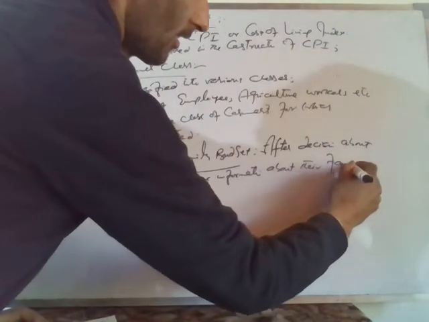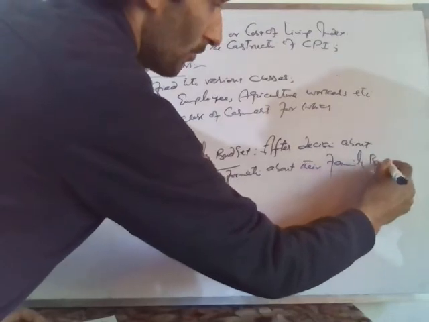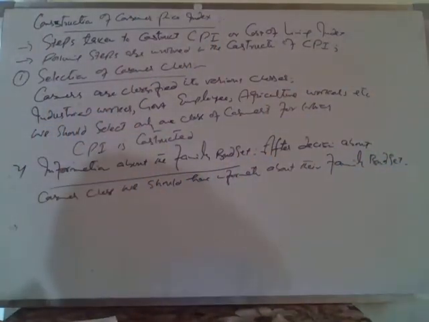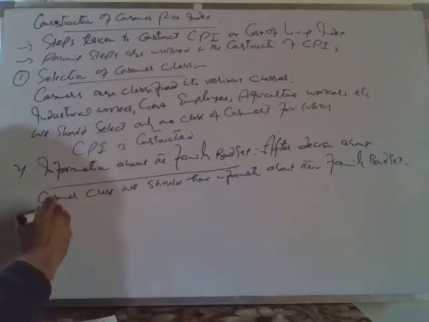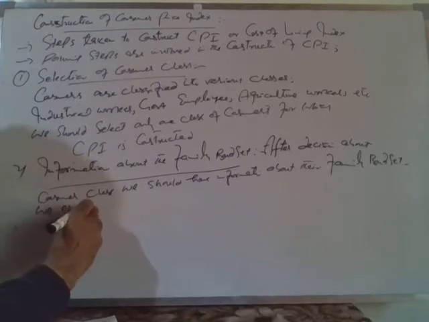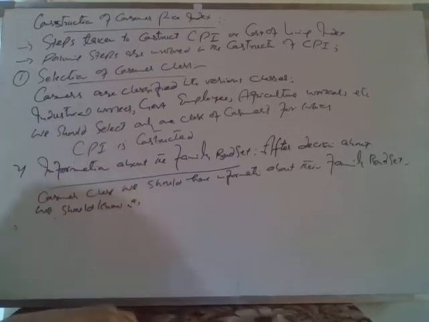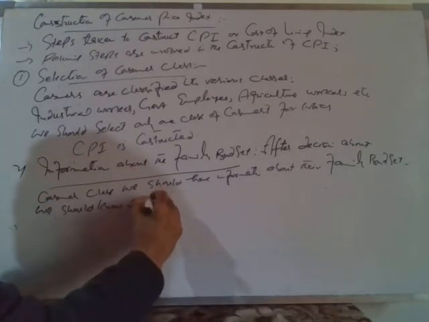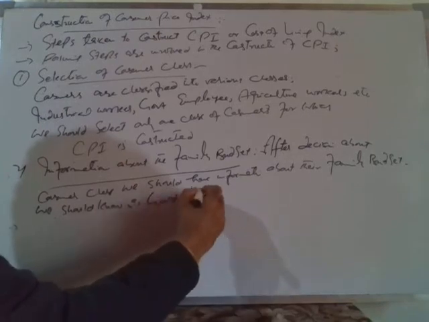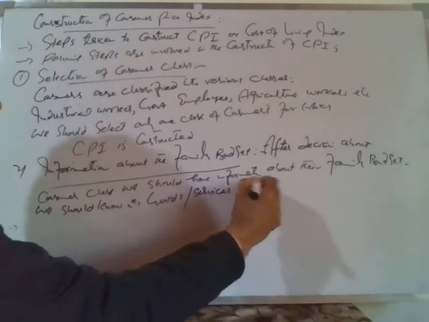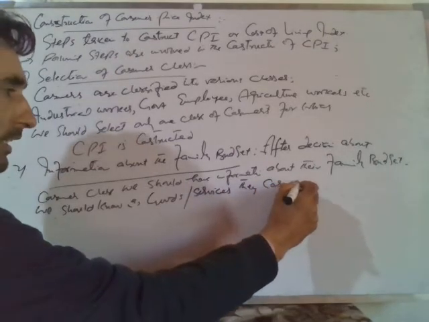So we should know, number A, the goods or services which they consume.